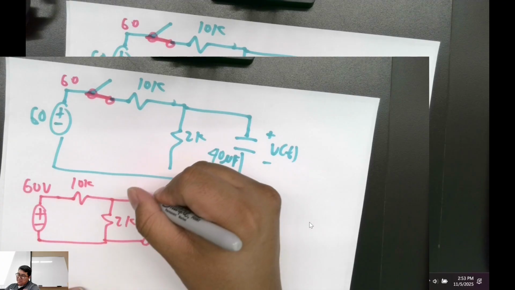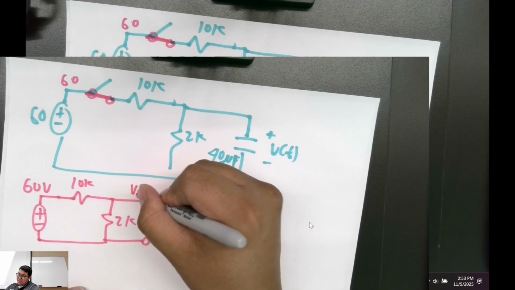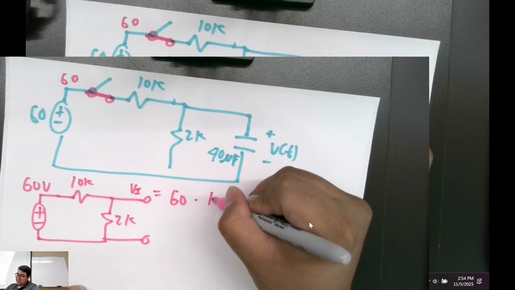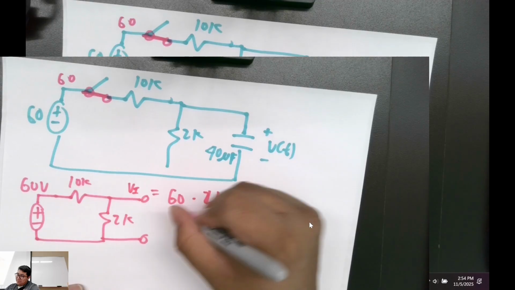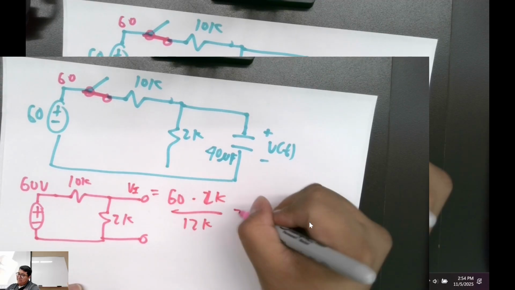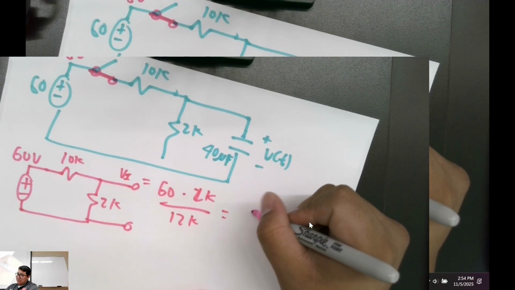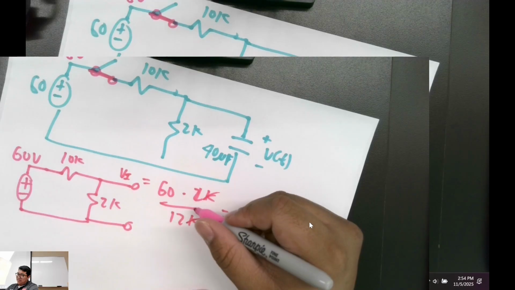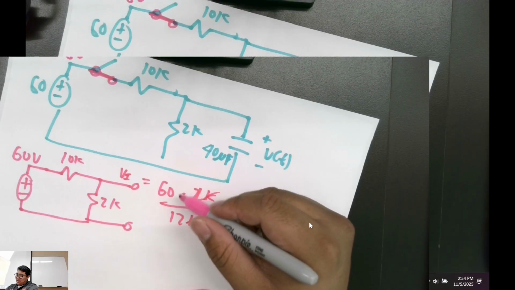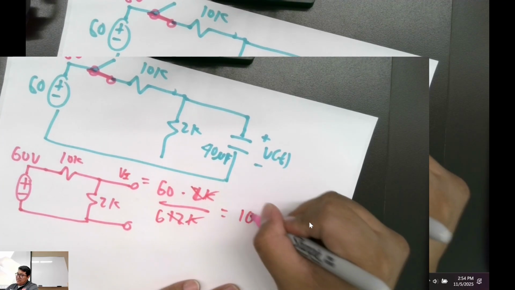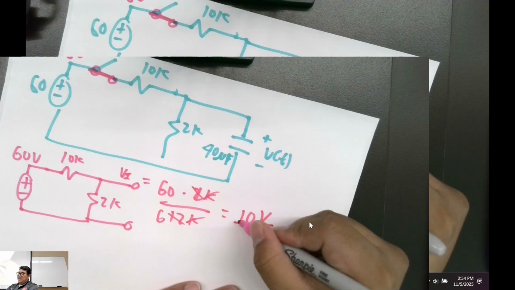Let's call it VI is equal to 60 times 2K over 12K. Is that good with everybody? That's equal to, let me see, these K's cancel out, and then this 2 cancels out to give you 6. 10 volts. Is that correct with everybody?